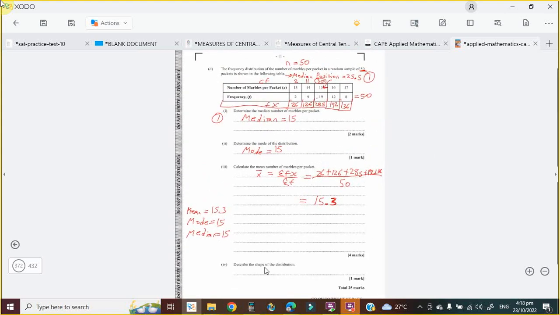What do we mean by shape of distribution? It's positively skewed, mean minus mode. But in this case, we're going to say the distribution is either slightly positively skewed or relatively positively skewed.